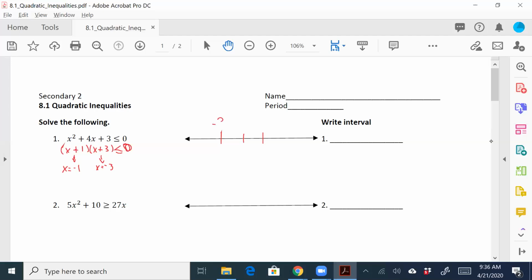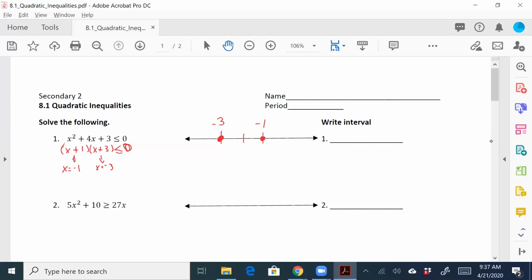So here's -3, and here's -1. And since it can be equal at that point, then we use a closed dot. And so we put a closed dot at -3 and a closed dot at -1.